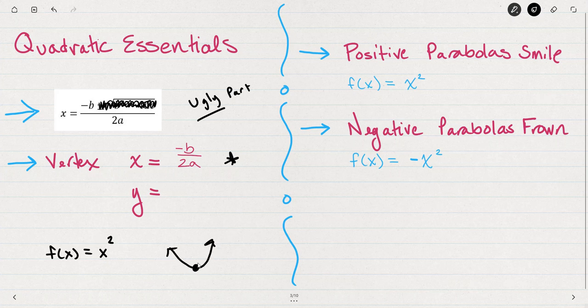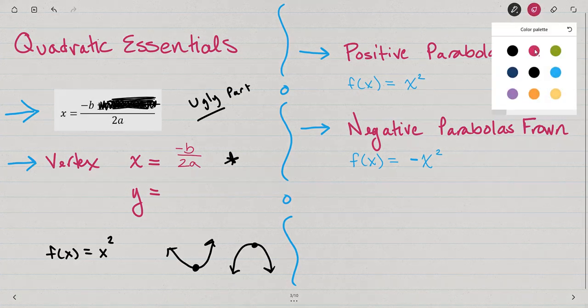This point in the parabola, the low point, or if it's a downward opening parabola, the high point, is called the vertex. And the x-coordinate of that vertex can be found by getting rid of this radical in the quadratic formula. So we get x equals the opposite of b over 2a.